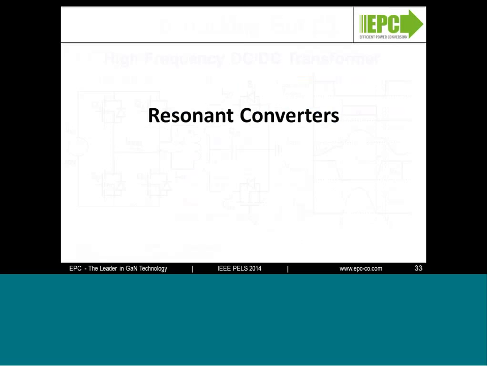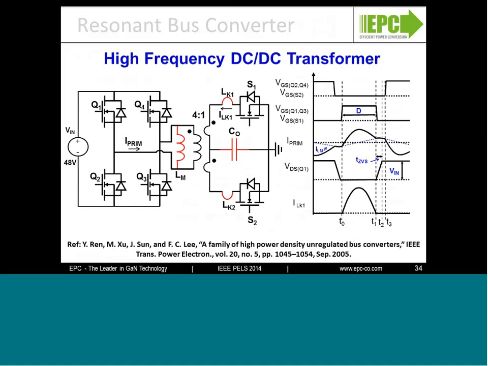First, we'll take a look at a fairly well-known existing application. That's a resonant bus converter application. This is fairly popular in intermediate bus architectures and server and telecom applications. And the topology chosen for our example is shown here.